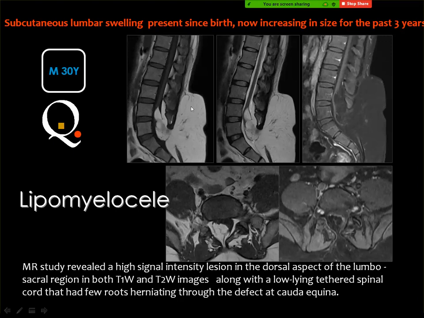So, if you see that the lipoma inside the spinal canal is continuous with the lipoma in the subcutaneous space, this is lipomyelocele. Then you see the site of attachment of the fat to the cord. If it is inside the spinal canal, this is lipomyelocele. If it is outside the spinal canal, meaning that the cord is coming like this and is attached to the lipoma here, this is lipomeningomyelocele.